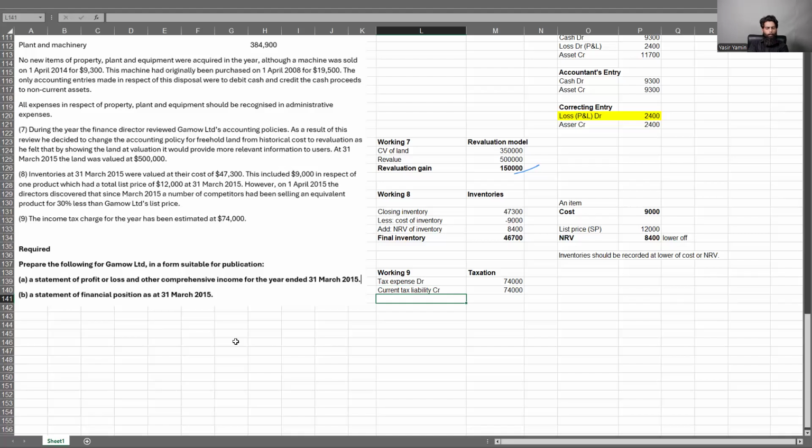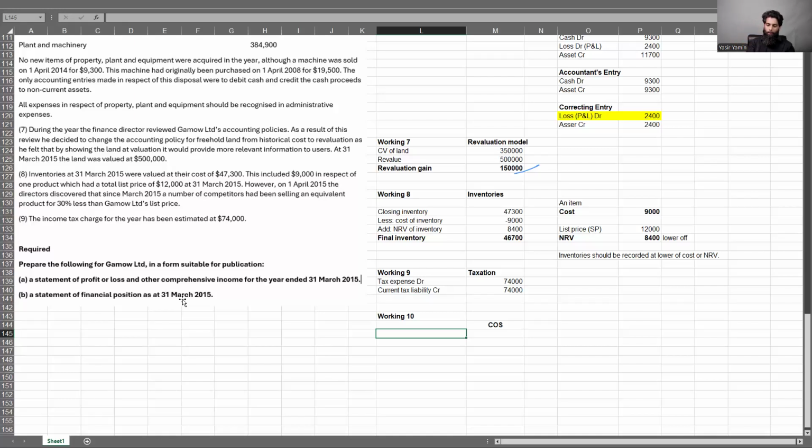Now, guys, technically speaking, we have solved the entire question. Now we just need to prepare the P&L and SOFP, nothing else, not too difficult. This can be done within a few minutes. But before we do that, let's prepare some more workings for cost of sales, administrative expenses, and maybe other operating costs as well, so that it's easier for us to prepare the P&L.